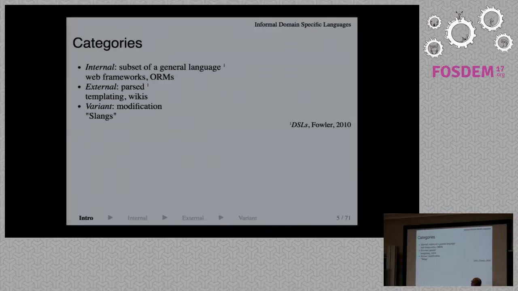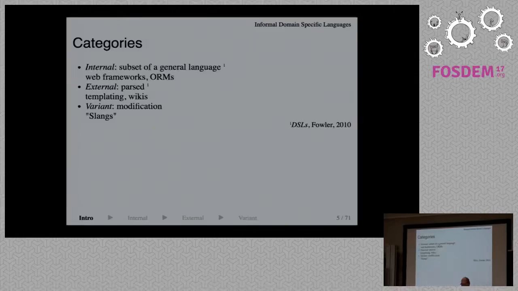So in 2010, Martin Fowler wrote a book called Domain-Specific Languages, and he divided them into two different categories, internal and external. Internal DSLs are languages that are a subset of a more general programming language. And external ones are languages where you're actually parsing it.